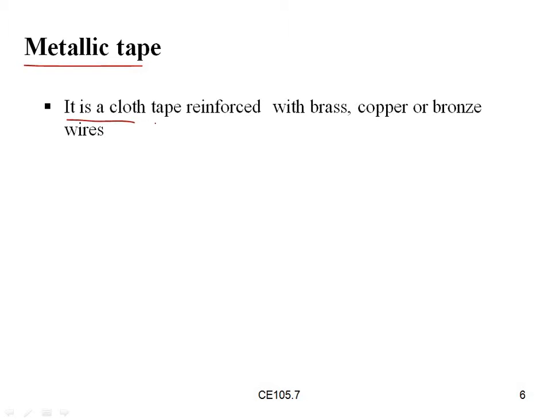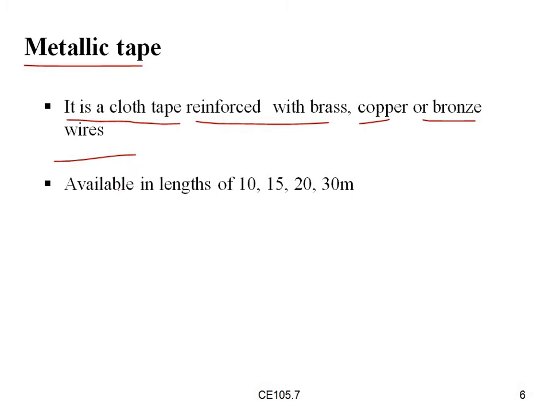The metallic tape is also a cloth tape reinforced with brass, copper or bronze wires. It is available in lengths of 10, 15, 20 and 30 meters.